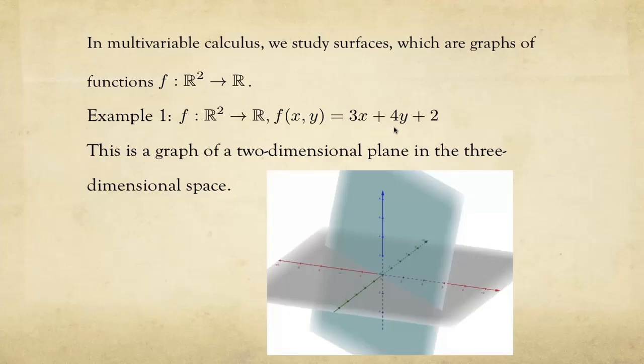So here's what it looks like. Again, the input is x, y. So the input is actually all the points on the floor. So this is the xy plane on the floor, and then the output is a real number. So that's the height, so all these points right here on the plane is the height given by 3x plus 4y plus 2.